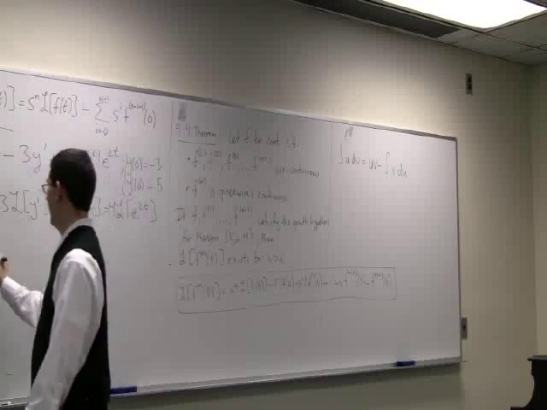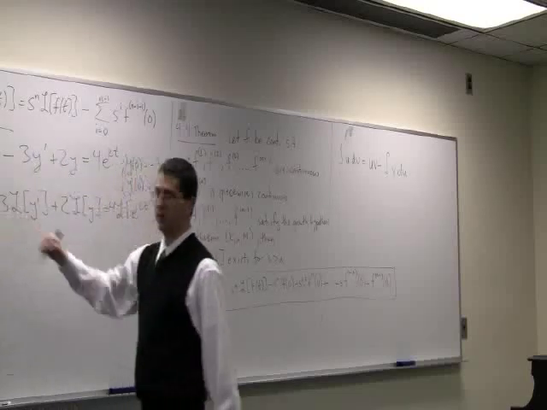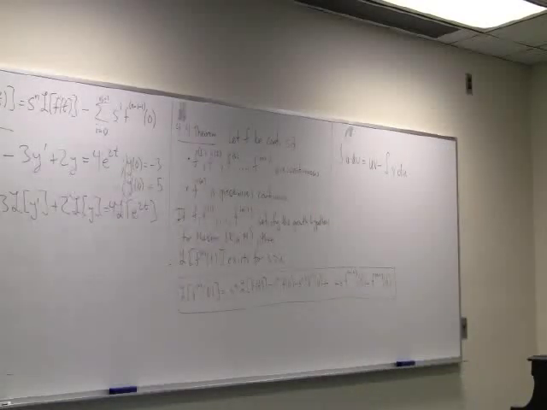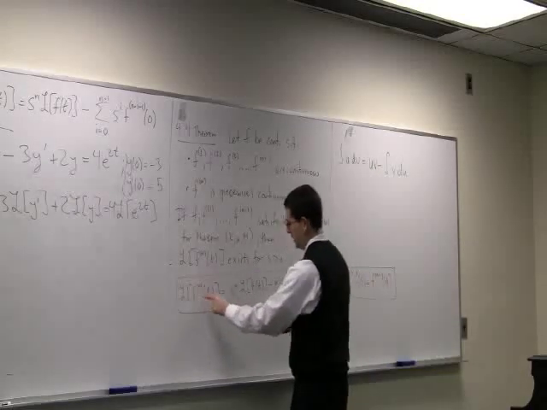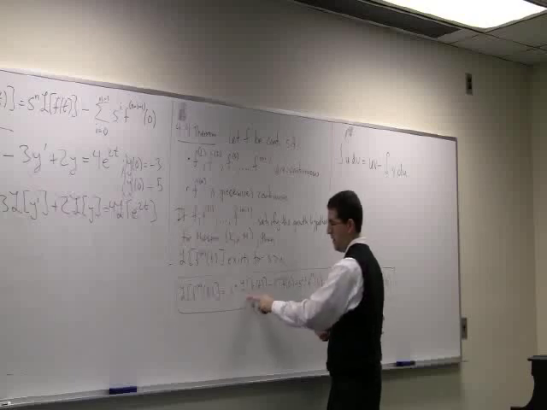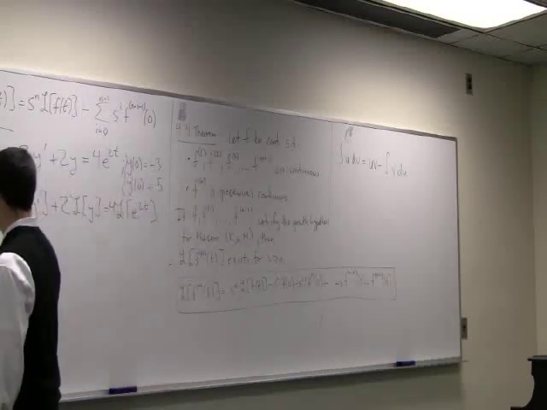Okay, so first we'll do the L of y double prime. So this formula says if you're taking the second derivative, then you can rewrite it as s squared times L of f, or in this case L of y. So s squared L of y.